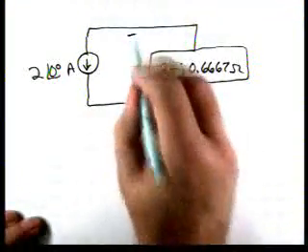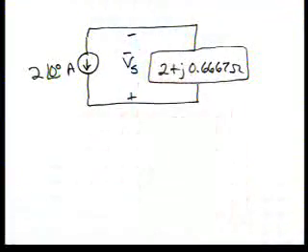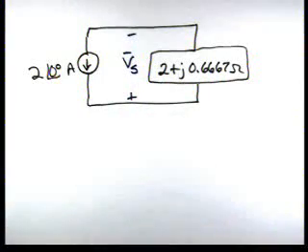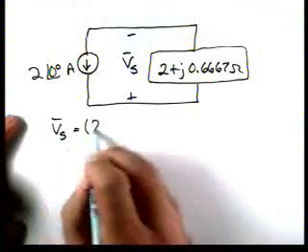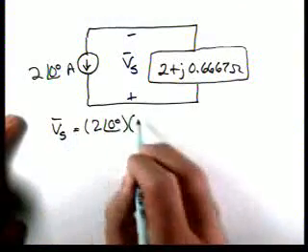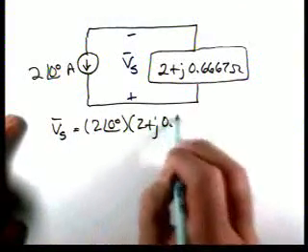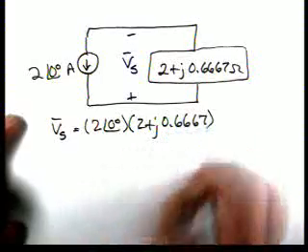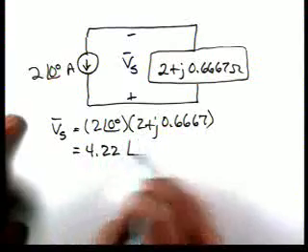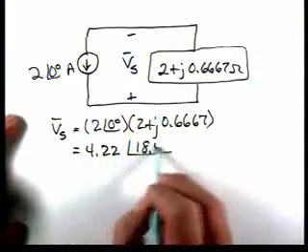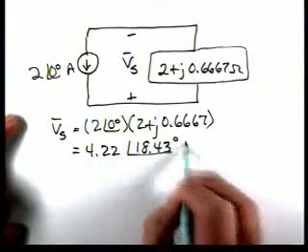This is going to be the voltage across our current source, that we can use for calculating the power supplied by that. So Vs then is 2 at an angle of 0 times 2 plus j0.6667, and that tells us that Vs is 4.22 at an angle of 18.43 degrees.